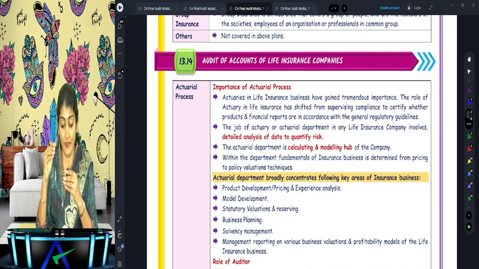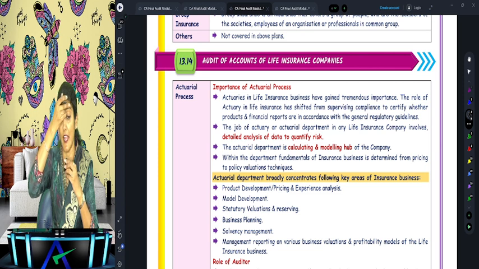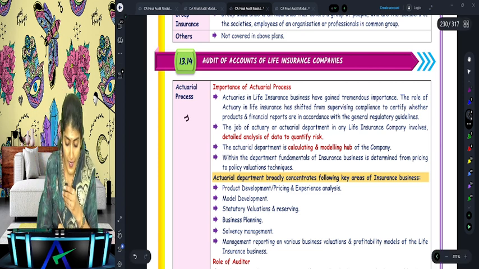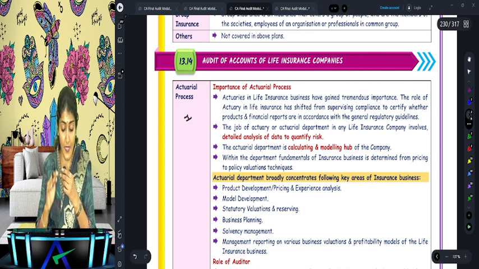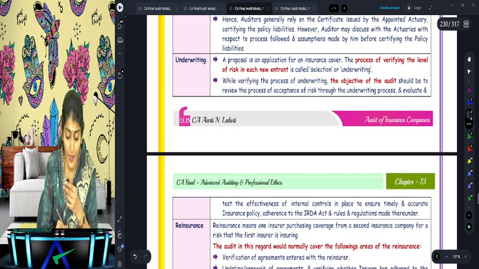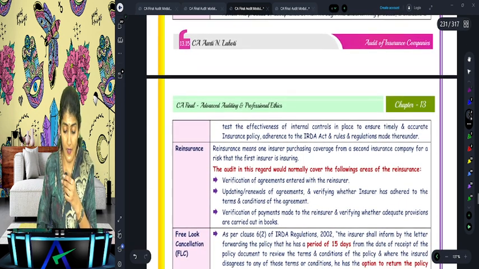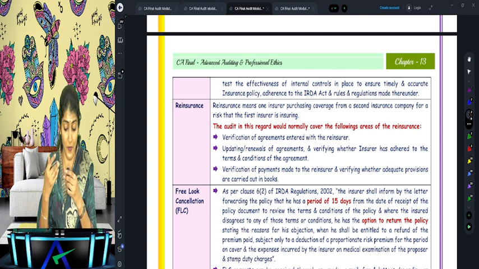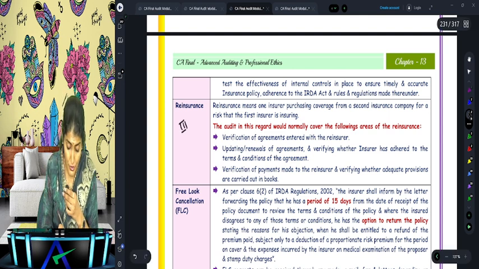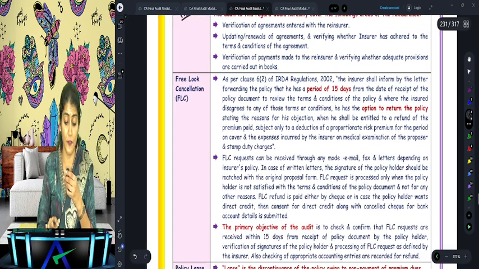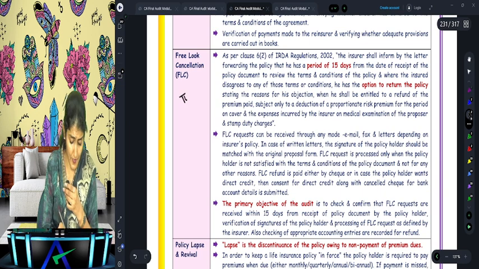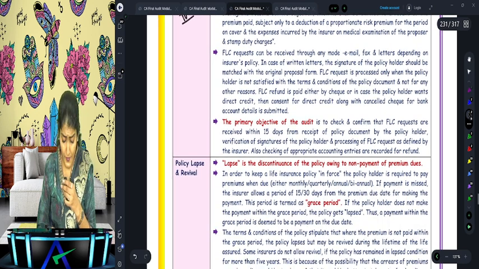Right. Then after that, what are the other points which we need to discuss regarding the life insurance company? One, the actuarial process. Then the underwriting being done in the life insurance company before accepting a policy. Then the reinsurance, again in case of the life insurance company. Then you have the concept of the free look cancellation.